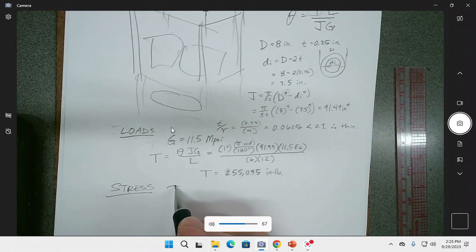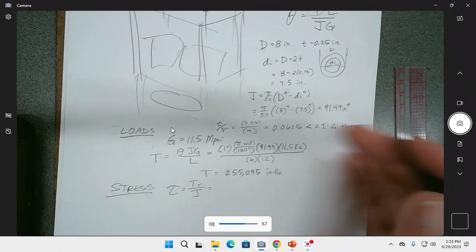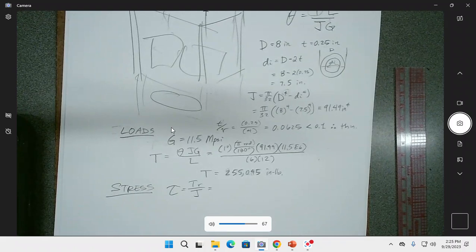Let's go this one for TR over J. Nobody asked us whether it was on the inside surface or on the outside surface. Let's say it's on the outside surface because, why not?